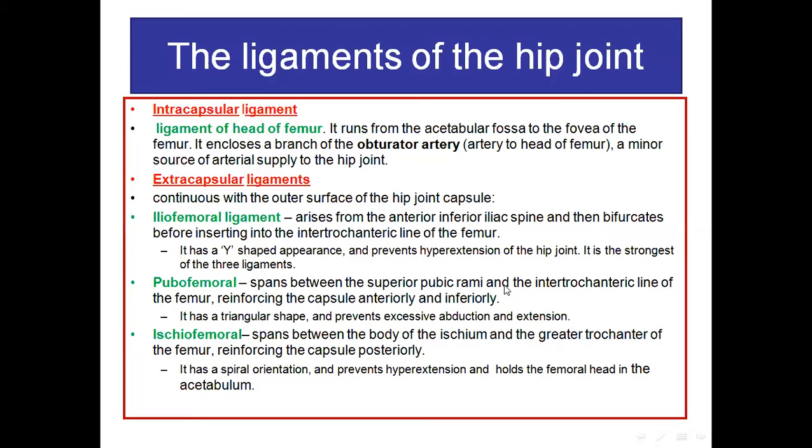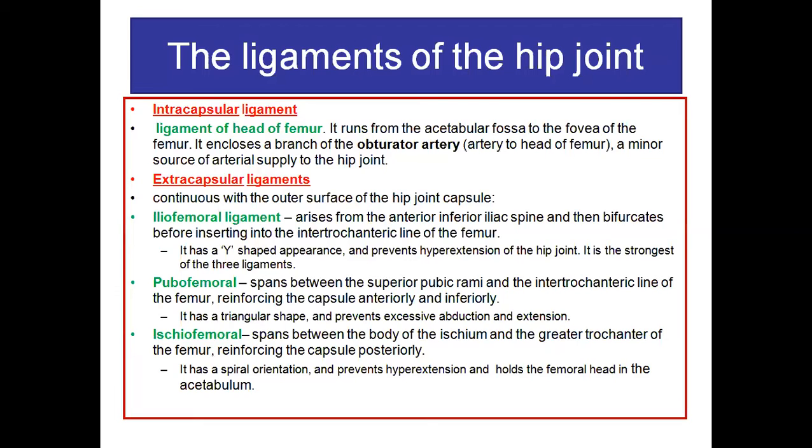The ligaments of the hip joint are very important and divided into either intracapsular or extracapsular ligaments. The intracapsular ligament is the round ligament of the head of the femur, or ligamentum teres of the head of the femur.